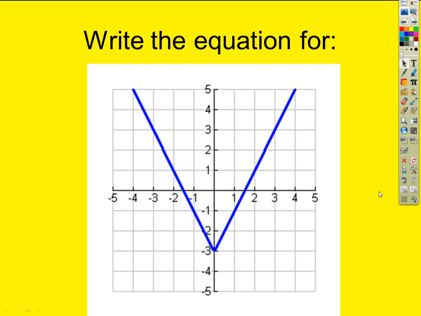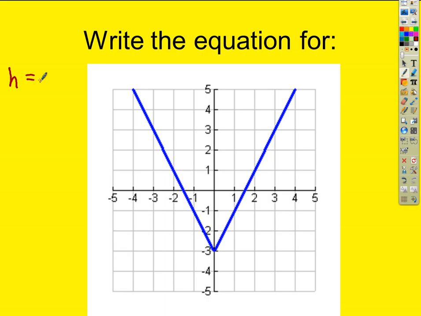Okay, now we'll do it backwards. Now we have to write the equation based on the absolute value function. So this is different. Now by inspecting the graph, we have to come up with the values of h and k and a, which we'll plug into the parent function to write the equation, right? So by inspection, what is h? 0.